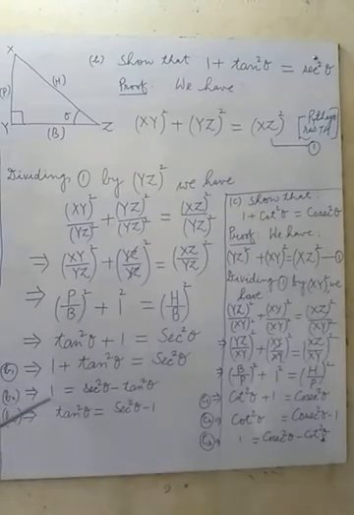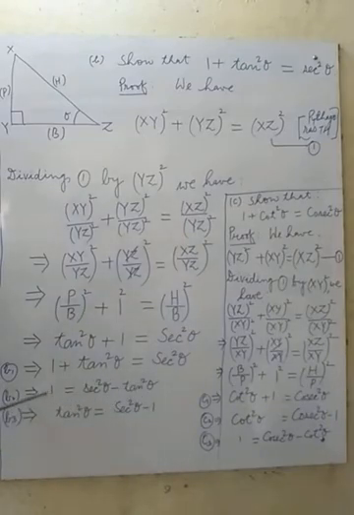Now 1 is here, and sec square theta is just after the equal mark. So sec square theta is as it is with the same symbol, but here plus tan square theta, when shifted to the right hand side, becomes minus tan square theta. So 1 equals sec square theta minus tan square theta.